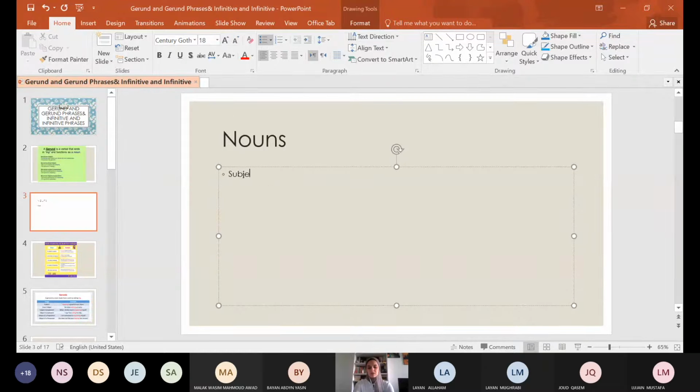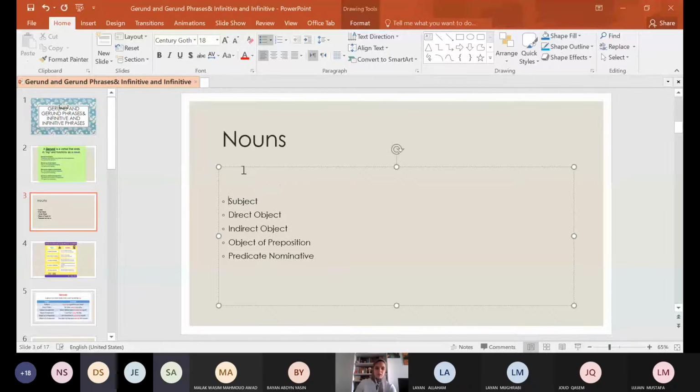I either use the noun as subject, or as direct object or indirect object. Girls, these are the only uses of nouns in the whole English: object of preposition or predicate nominative. Okay, girls, are you with me?